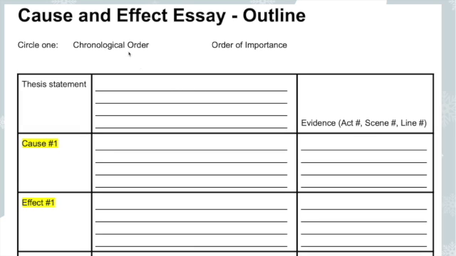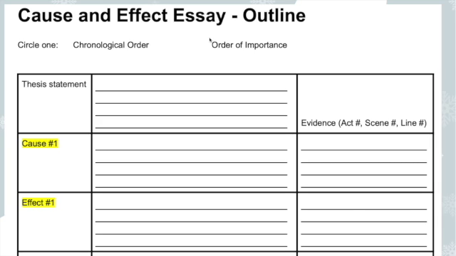You also should be making the decision today whether you're going to organize by importance or chronological. Chronological is the sequence or the order in which things take place in the story or according to the timeline. The order of importance looks at the impact on Scrooge.